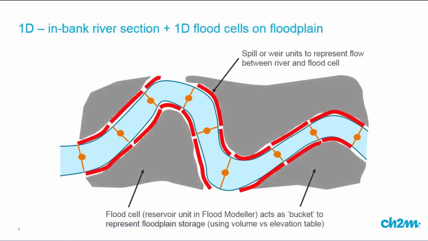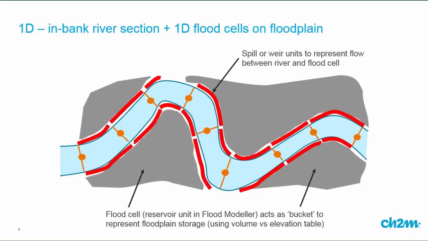Another essentially 1D approach for modelling the floodplain is to not extend the cross-sections, but to treat the different areas on the floodplain, these four grey areas on the screen at the moment, using what are called flood cells, or in Flood Modeler they're called reservoir units, representing that bucket storage. Water will flow into those grey areas and gradually fill up, and then may reach the same level as the in-bank river level, or may not.